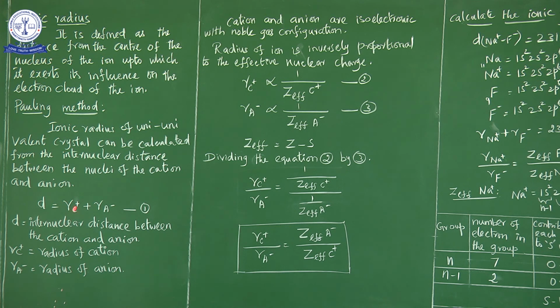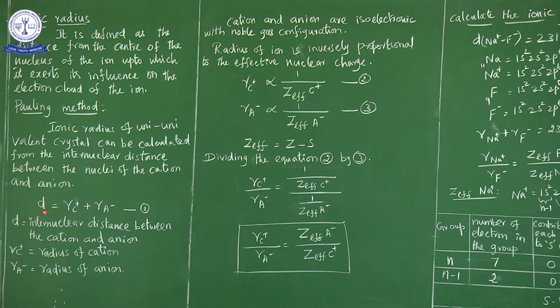So for the radius of the cation, the first letter is R, the cation's first letter is C, and the cation has a positive charge, so Rc plus. Ra minus is the radius of the anion. The first letter for the anion is A, and the anion has a negative charge, so A minus. So D is equal to Rc plus plus Ra minus.